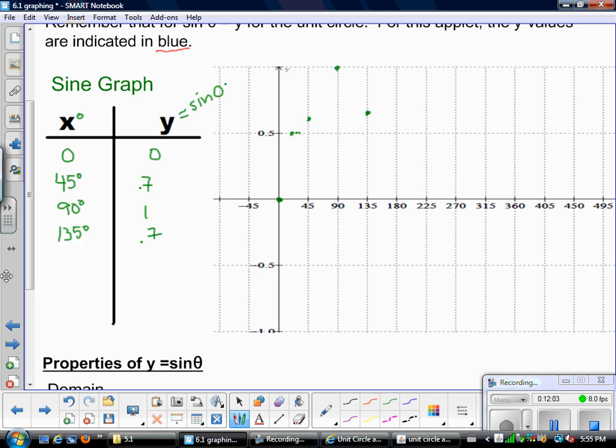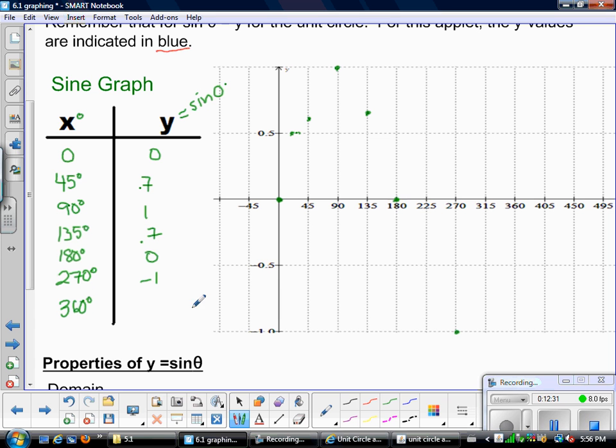Okay, so what we keep on doing is at 180, we know we're back down to 0 again. And now because I know I'm going to go into the negative zone, if I choose this time 270 degrees, sine of 270 is negative 1. And when I get back again at 360, I'm back at 0.